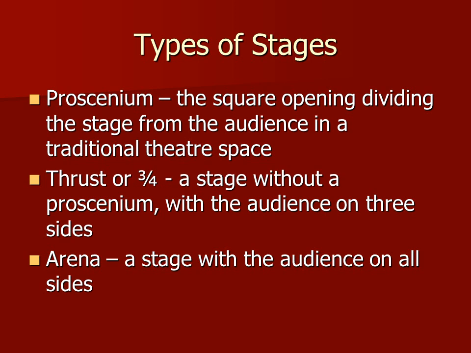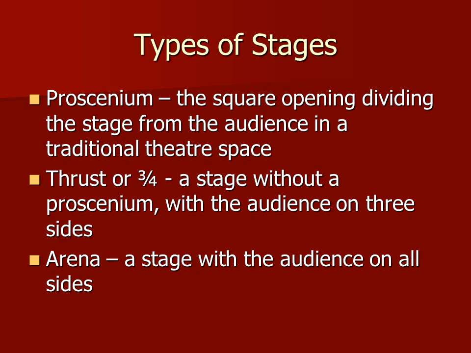But that is not the only sort of theater that there is. And in fact, I like performing in other sorts of theaters that get the actors closer to the audience. One of those is what we call a thrust stage, or sometimes a three-quarter or three-quarters thrust stage. And this is a stage without a proscenium, with the audience on three sides. So literally the stage thrusts out into the audience.